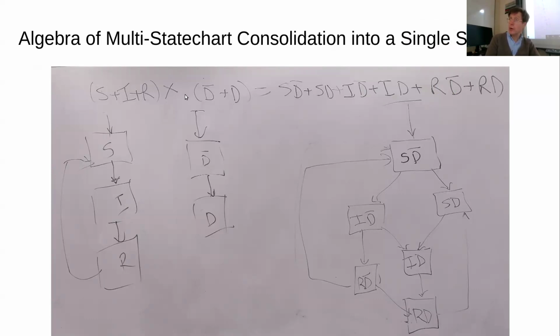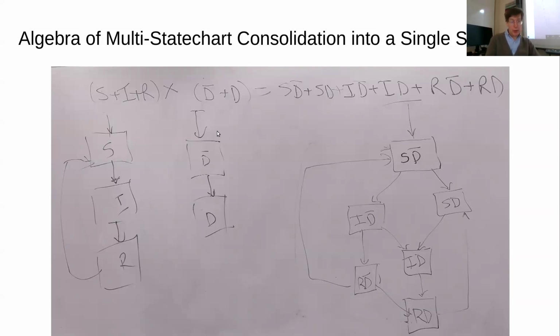If I multiply this through, this plus this times this, if you just take the distributive property, we get S times not D, plus S times D, plus I times not D, plus I times D, plus R times not D, plus R times D. Those collectively enumerate the different states I could be in.